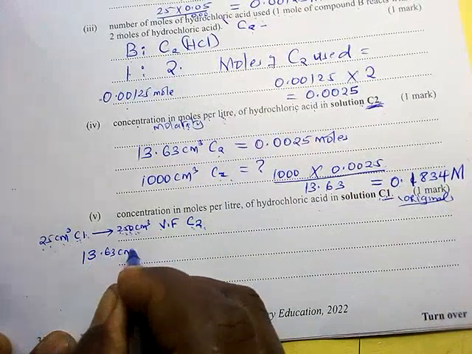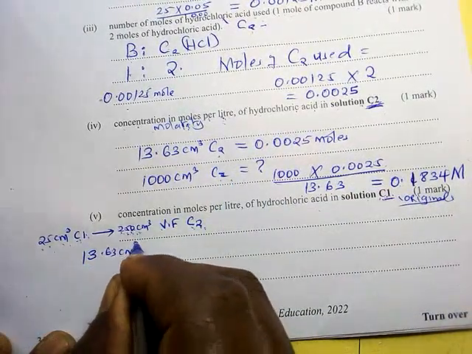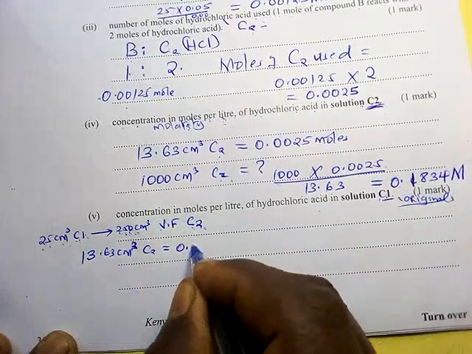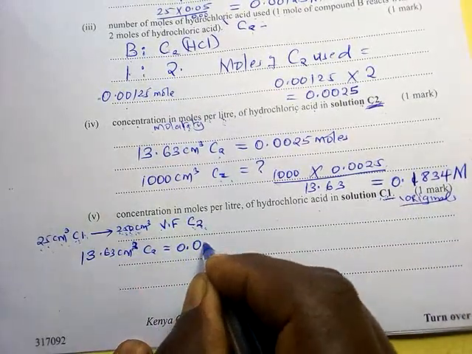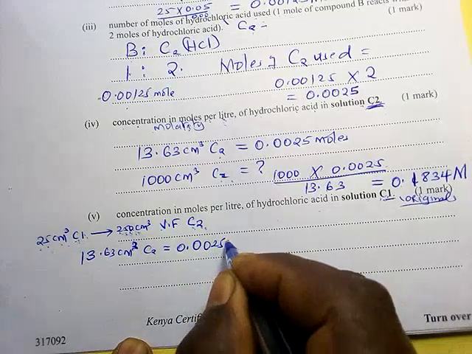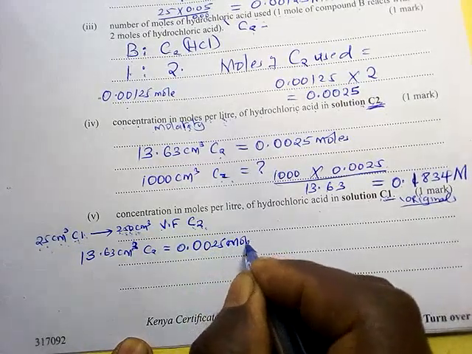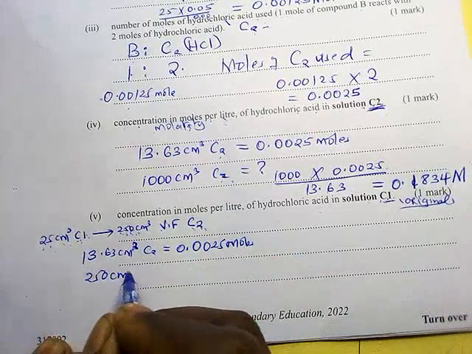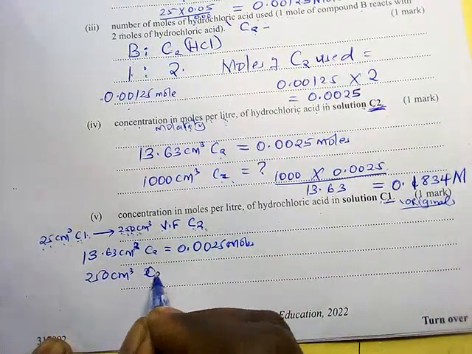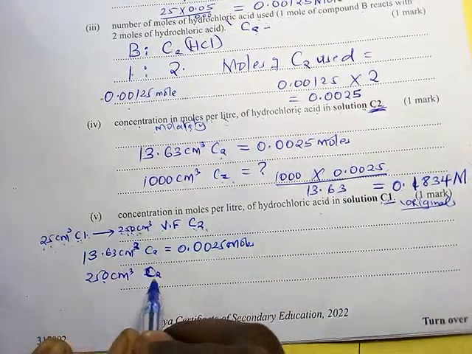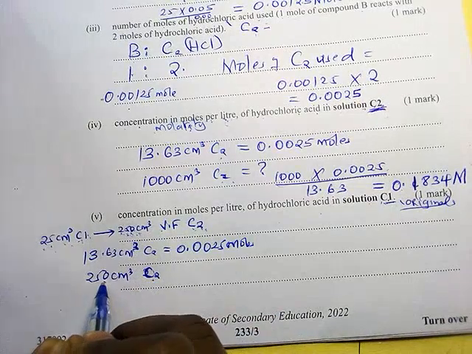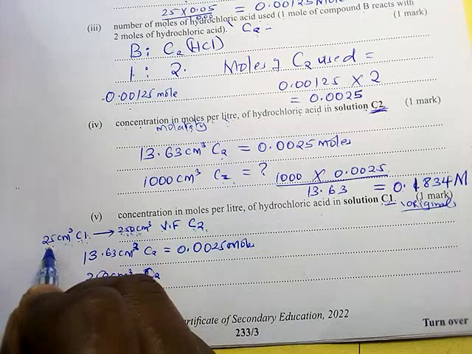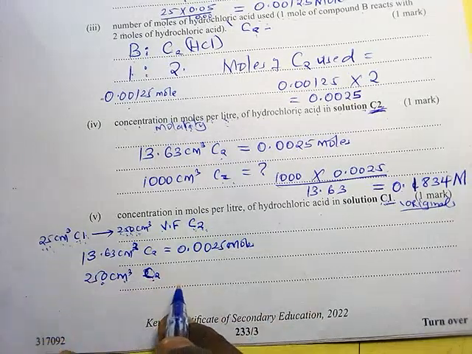We can even begin there. We will say 13.63 centimeters cube of C2 has how many moles? 0.0025 moles. What about 250 centimeters cube C2? So if we have moles in C2, the volume is 250, we will automatically have moles of C1 in 25, the one we pipetted and diluted.